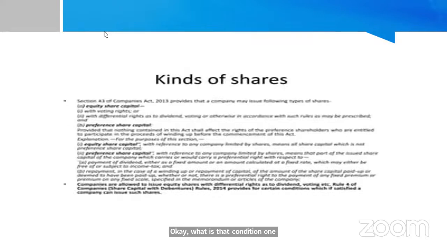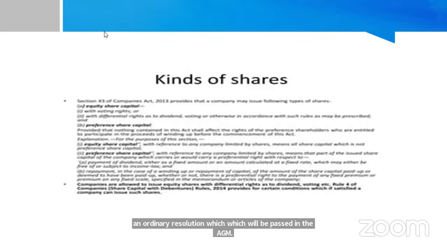One is, the Articles of Association, AOA, has to authorize. Point number 2, the issue of such shares has to be authorized by an ordinary resolution which will be passed in the AGM.